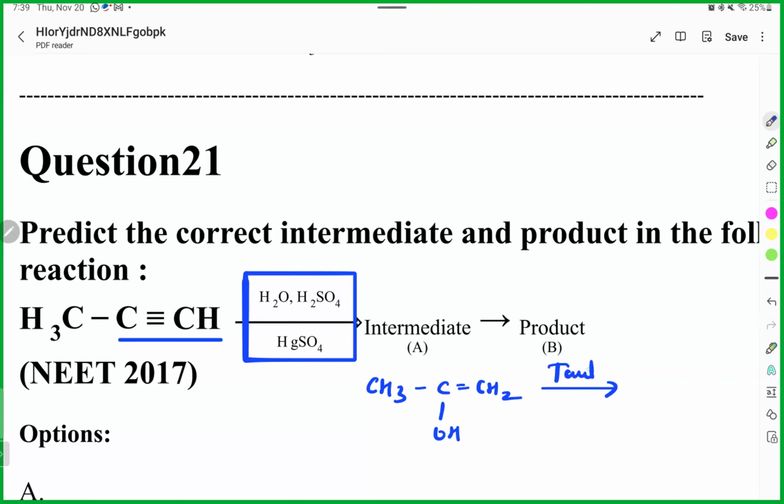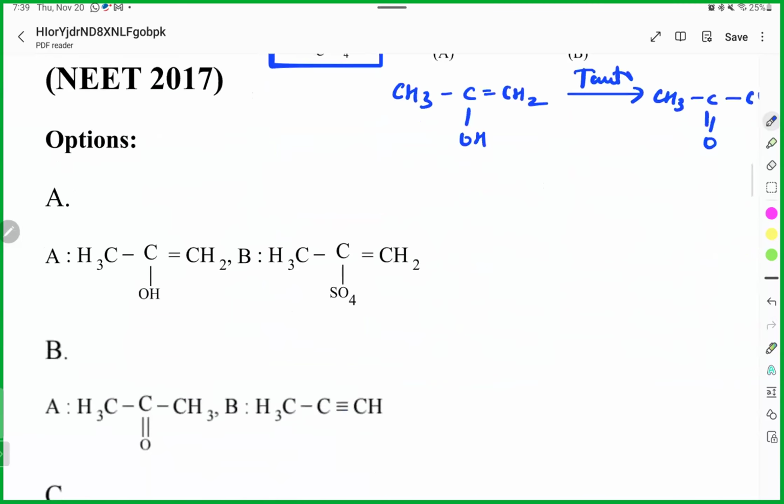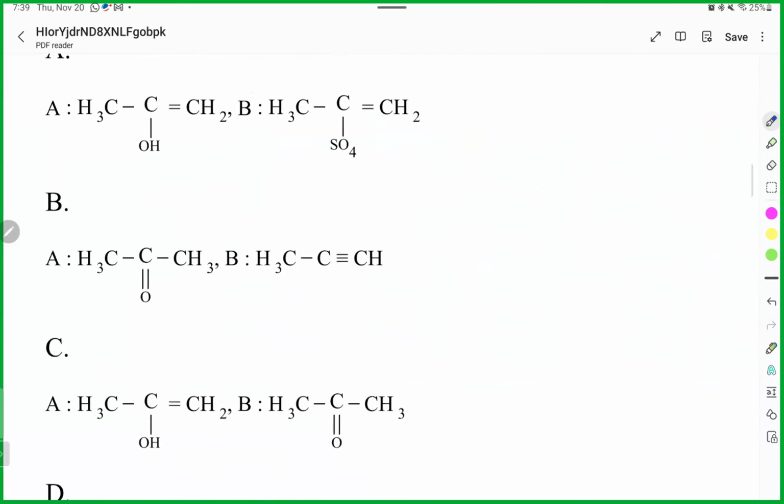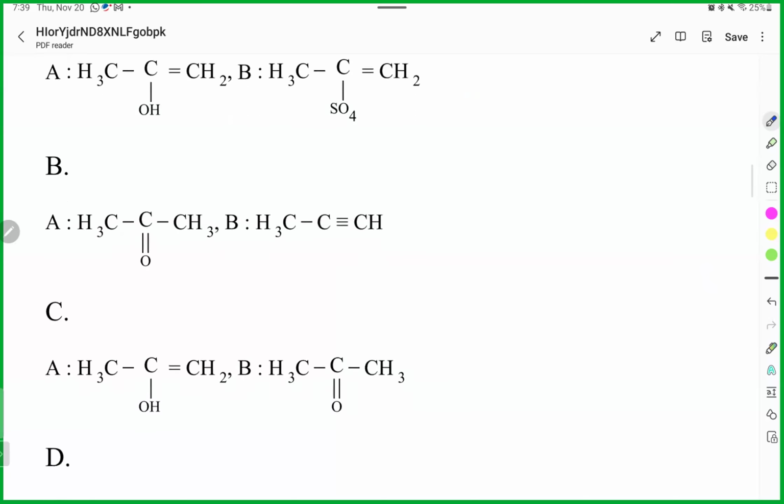What will be the product? It becomes C=O. Ketone. Enol form converts into ketone. And I told you that this is important. What will be the answer? C. One is enol and the second is keto form.